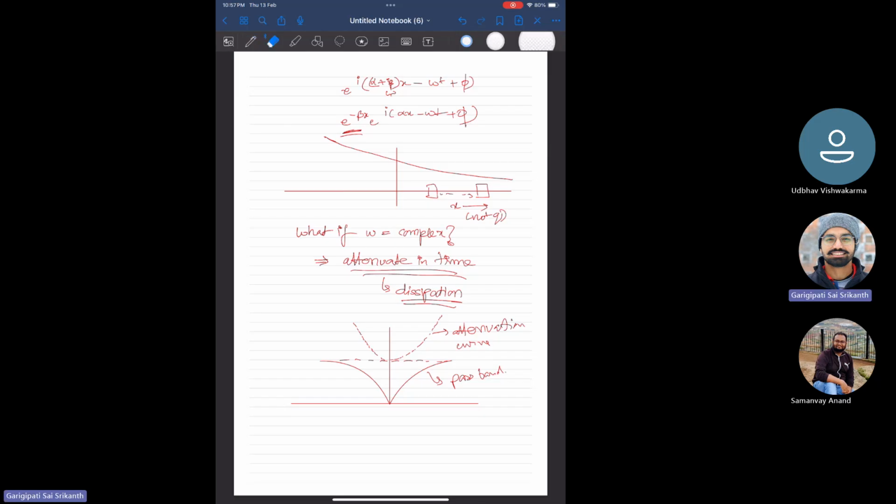And the attenuation curve is actually along the imaginary q axis. So for the attenuation curve, we have the imaginary part of q increasing, and for the real one, we have the real part of q this way. This is what we typically see. Although if we plot it fully, we see something like that, but this is actually enough for us. I hope that clarifies something.